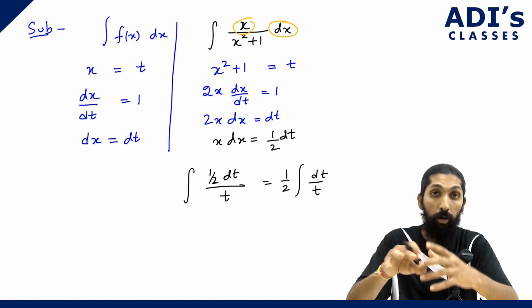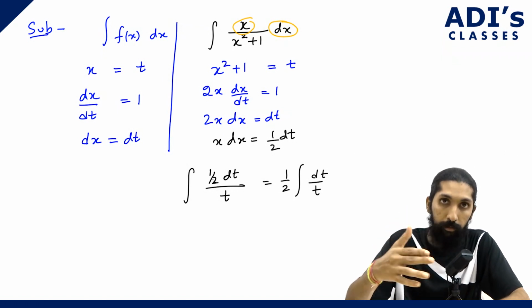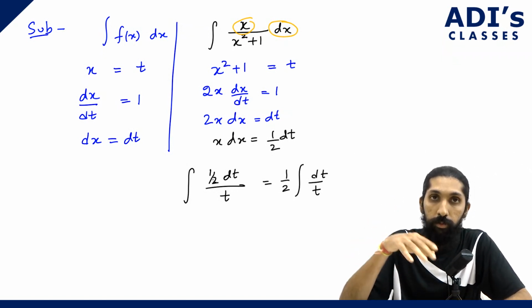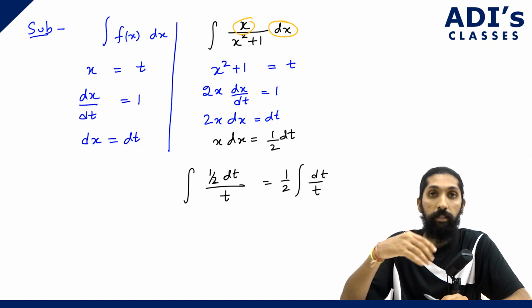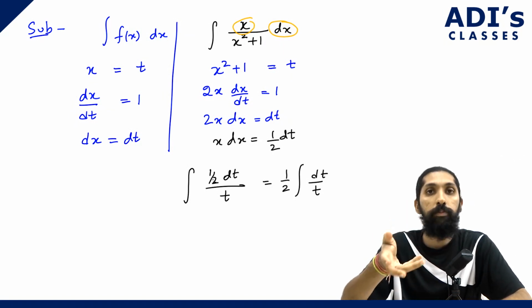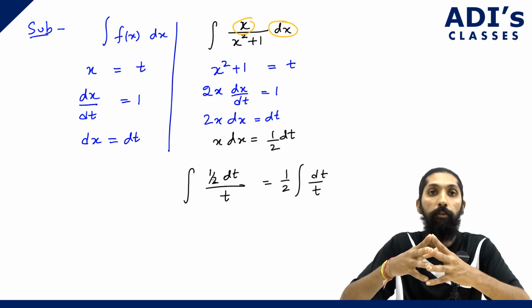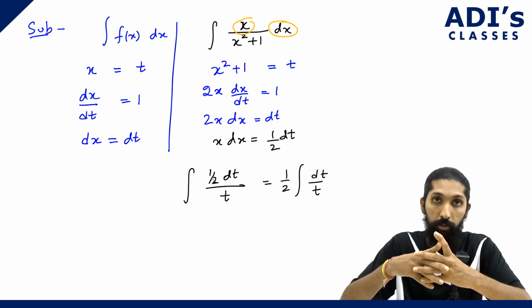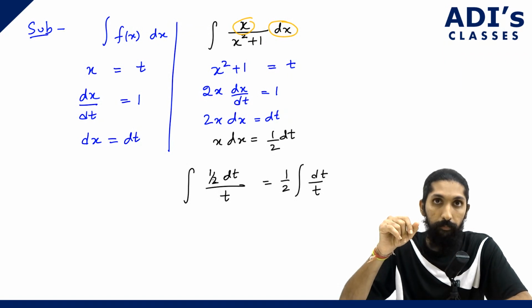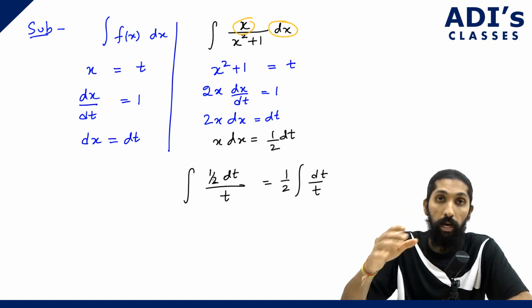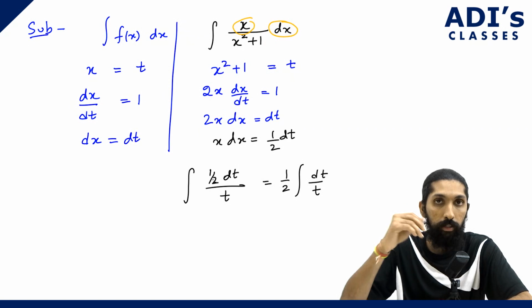Anyway, we are not solving the whole thing. What I'm trying to tell you is how we do the substitution method. The next question is why we do the substitution method. The reason we use integration by substitution is that some functions cannot be reduced easily.